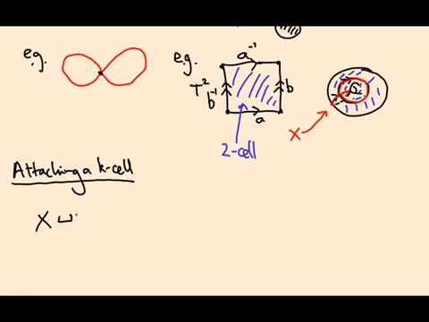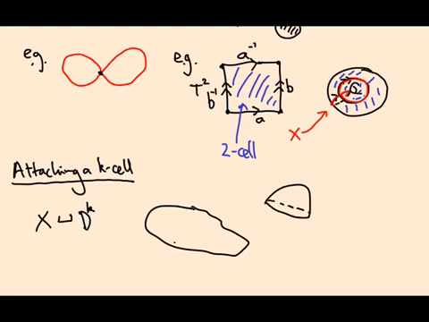I add the cell just as a disjoint union. So here's X, here's the cell. And now I need to specify some way of attaching the boundary of the cell to X. I need to glue it on somehow.